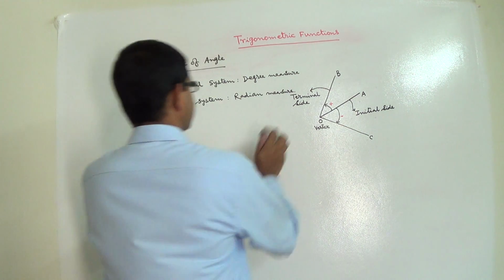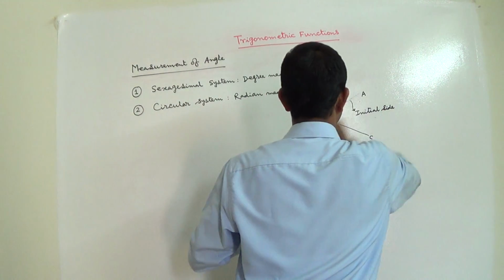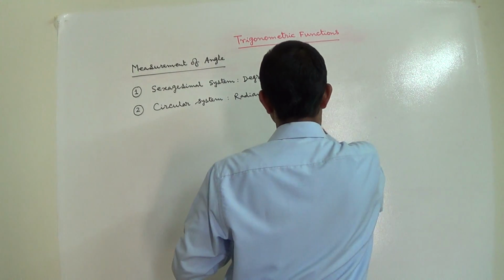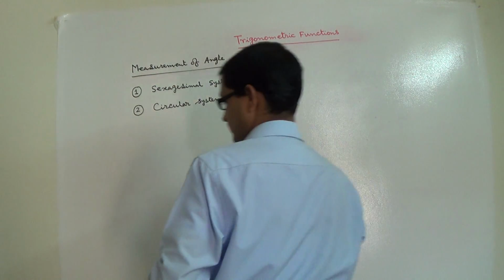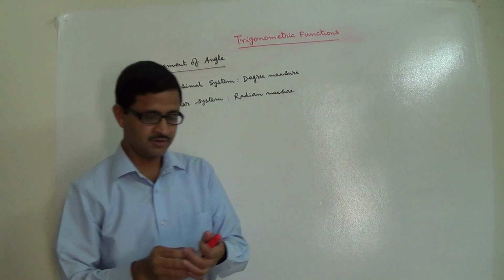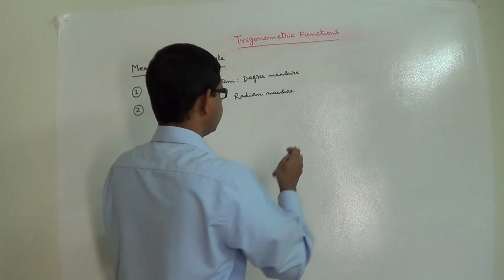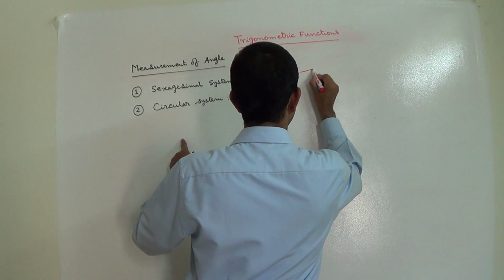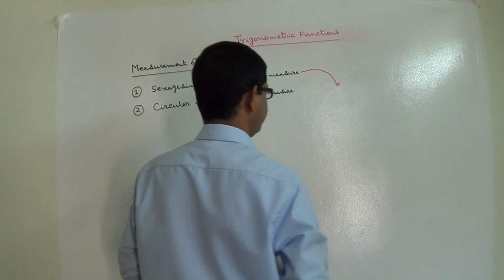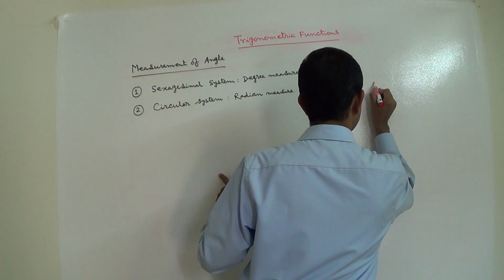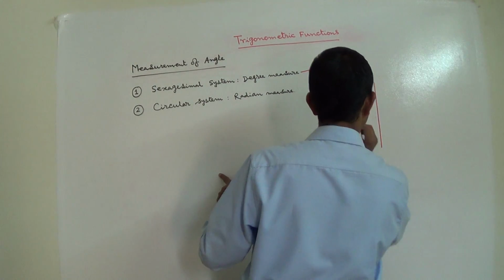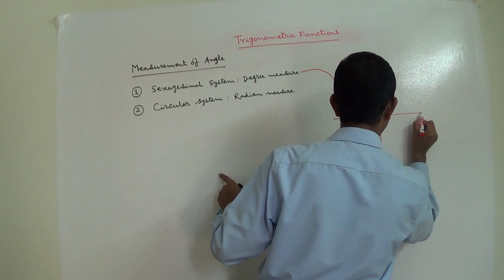Okay, so let me wrap this up. What I was telling is that we are discussing the degree measure here. Suppose I have two lines, this line and this line.